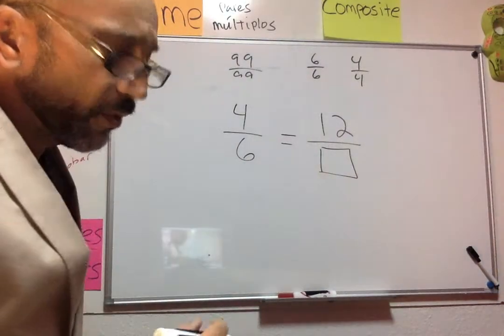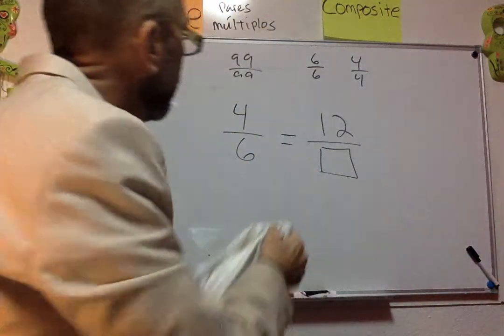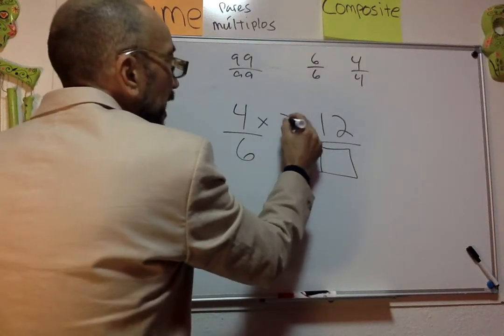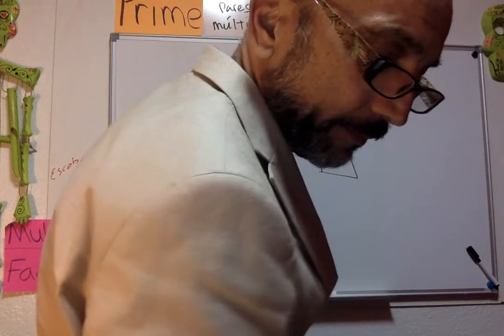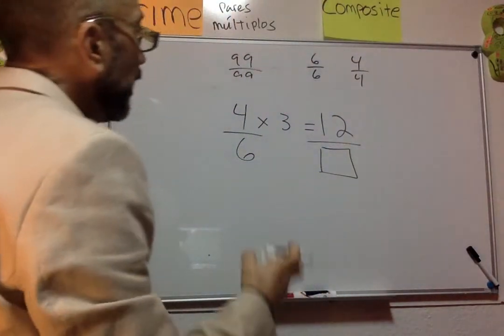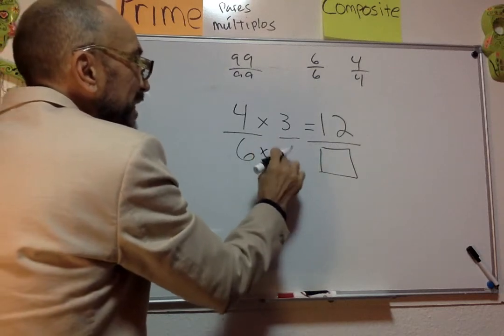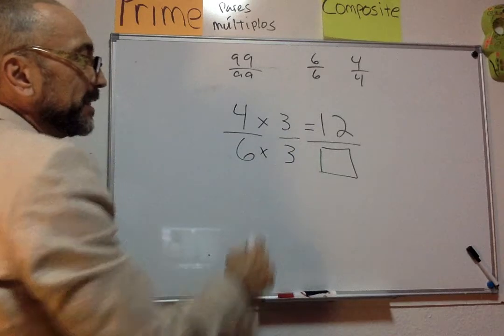So what do we do? This is why it's important for the students to know the multiplication tables, because right away I know that 4 times 3 equals 12, right? And now, whatever I do to the numerator, I do to the denominator. So I put a 3 here also. And notice this is 3/3.